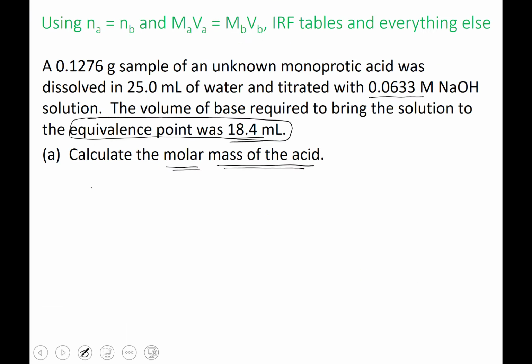All right, so at the stoichiometric point or the equivalence point, we have our moles of base equals our moles of weak acid. Okay, and before I do that, I should probably write out what the final thing we're solving for. It says molar mass.